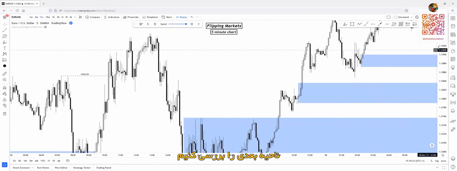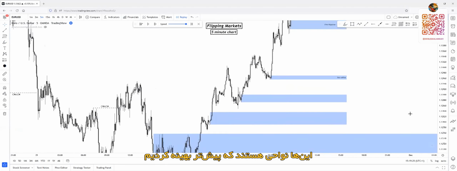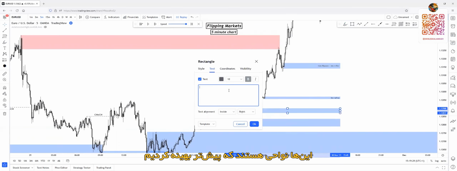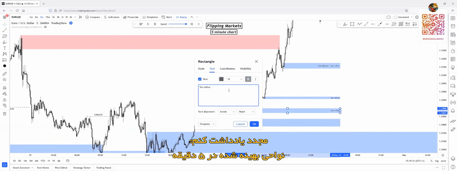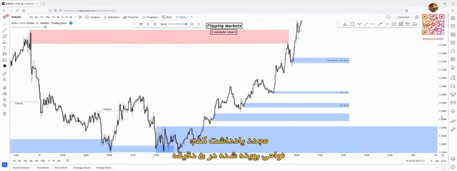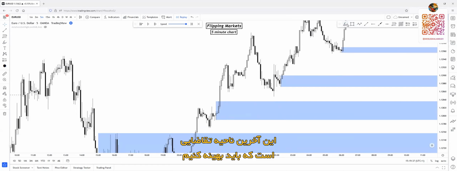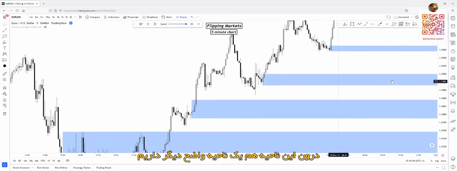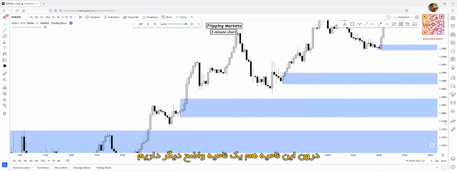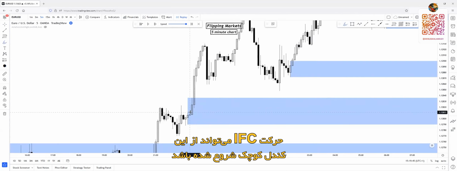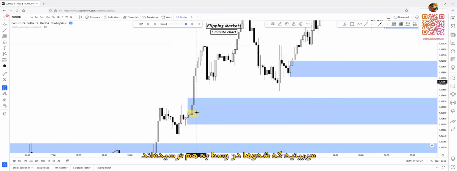As you can see, I will just zoom out first. So these are the refines that we just did recently. I will just type 5-minute refine again here. And as you can see, this is the last 15-minute zone that we have to refine. And inside of this zone, we will have a clear zone again. So the inefficient push started from maybe this small candle. As you can see, the wicks don't meet in the middle.